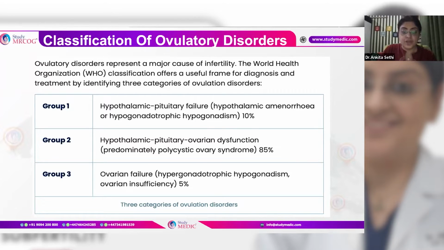Group 2 is hypothalamic pituitary ovarian dysfunction or predominantly polycystic ovarian syndrome, which is 85%. And group 3 is ovarian failure or hypergonadotropic hypogonadism or ovarian insufficiency, which accounts for 5%.